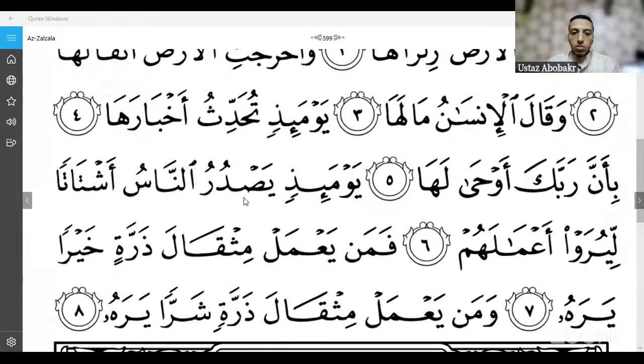And then we have here a tanween followed by the letter ya. Ya is a letter of idgham with ghunna. So we're going to do a ghunna only here, and we're going to skip this tanween. We move from this letter dal to the ya directly, and we make ghunna with it. Yawma'idhin yasduru, yawma'idhin yasduru.